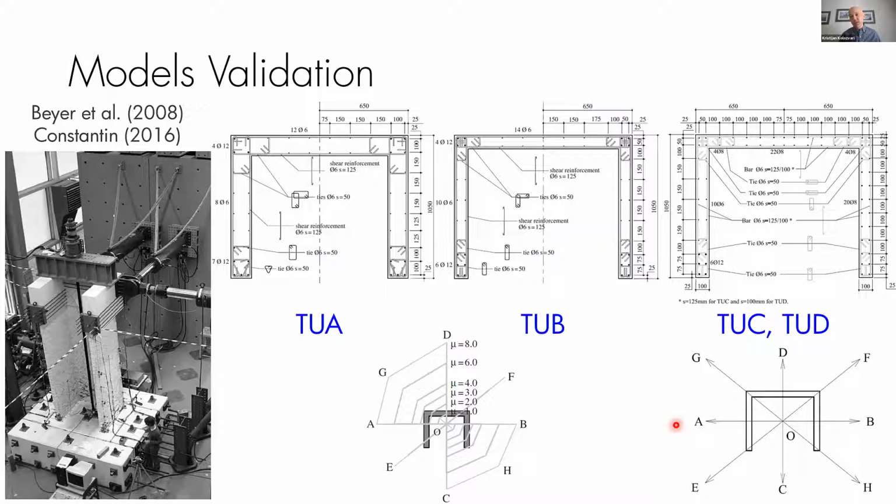And TUC and TUD were loaded mostly in diagonal directions. The very initial cycles were in the A, B, and CD directions, and then mostly the walls were loaded diagonally. So that was a perfect set of experimental data for us to validate these models, because they are, first of all, non-planar specimens, so they're U-shaped, and they were subjected to complex multi-directional loading. So it was really helpful to have this set of data and validate the models against it.